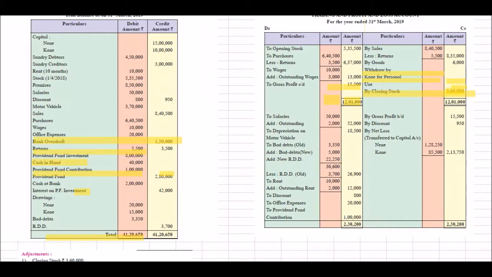From the 12 lakh 1,000 rupees we need to deduct these three amounts: 5 lakh 35,500 rupees, 6 lakh 37,000 rupees and 13,000 rupees. Then we'll get an amount of 15,500 rupees.